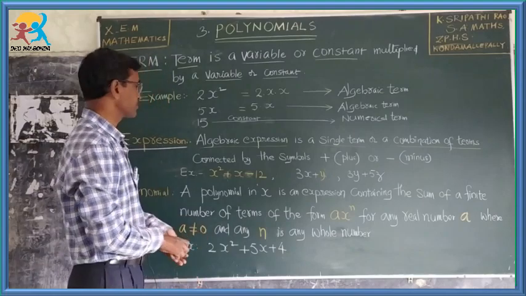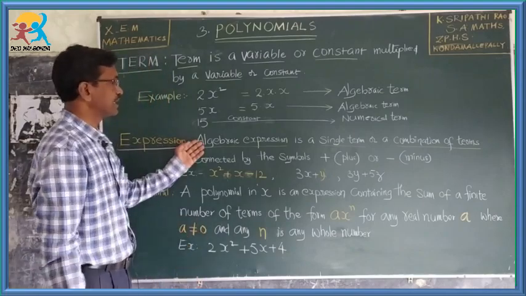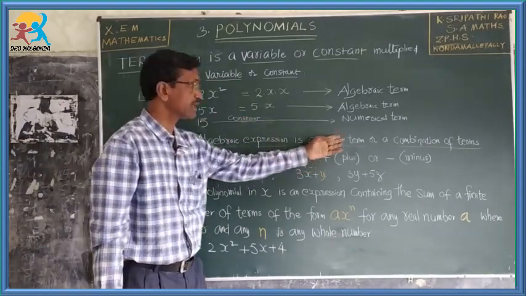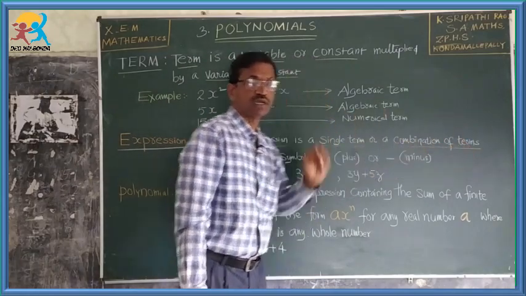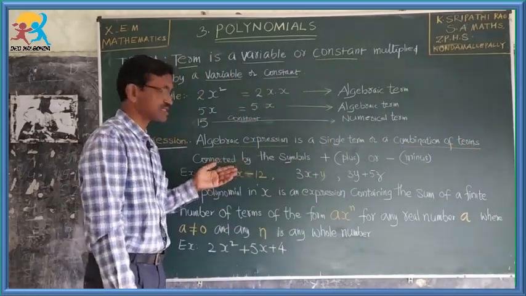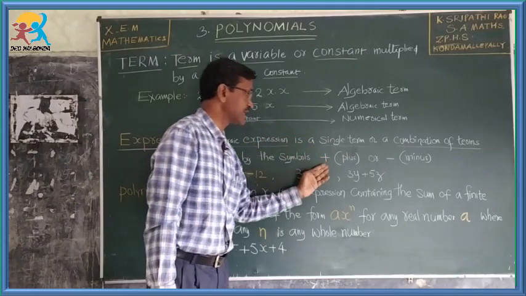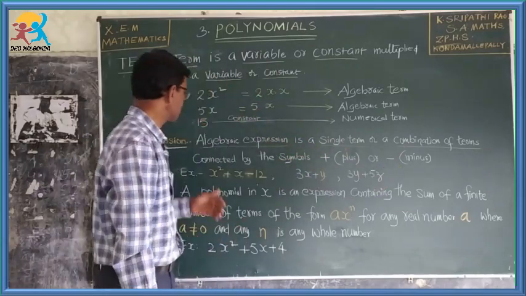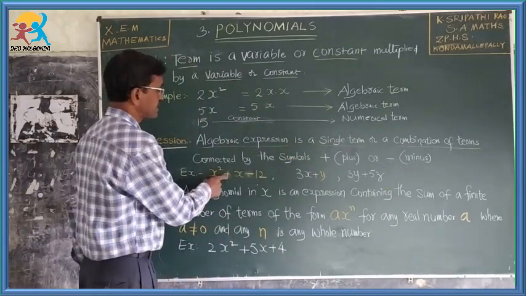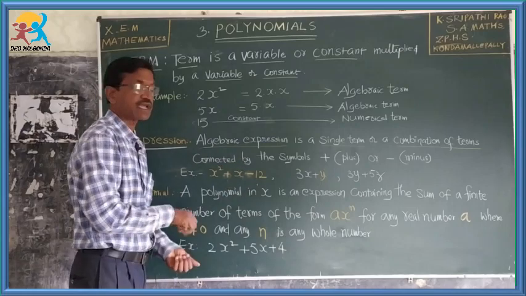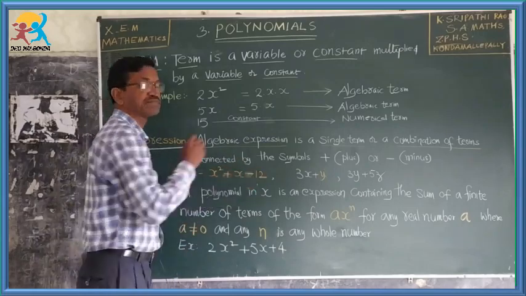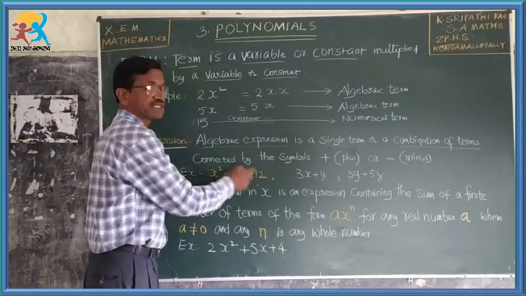How can we get a combination of terms? By the symbols plus or minus. For example, x square plus x minus 12 is an algebraic expression.